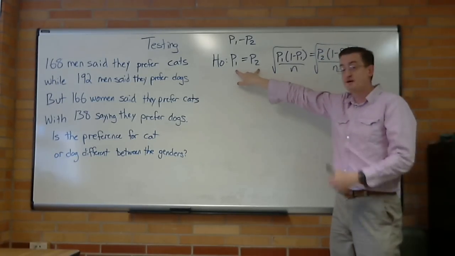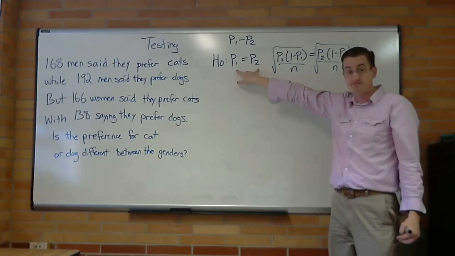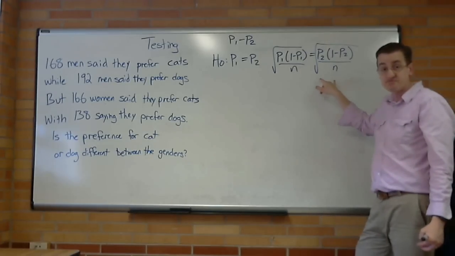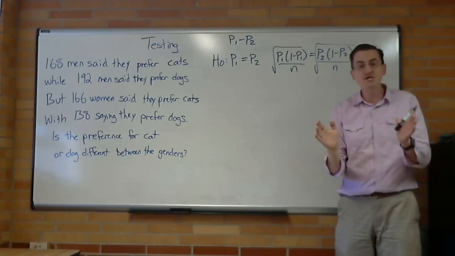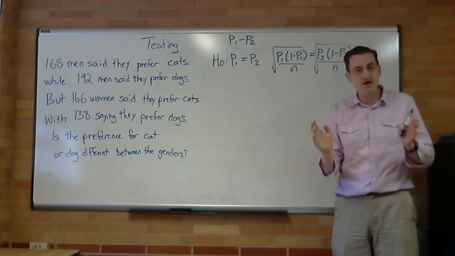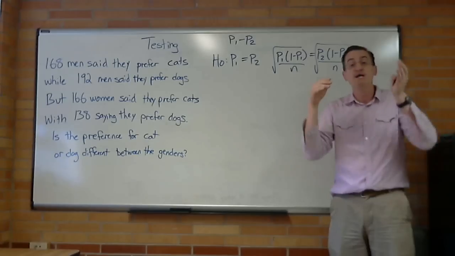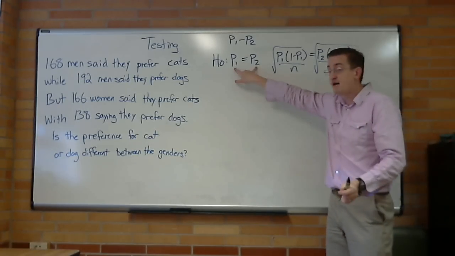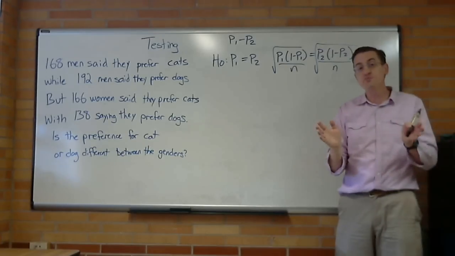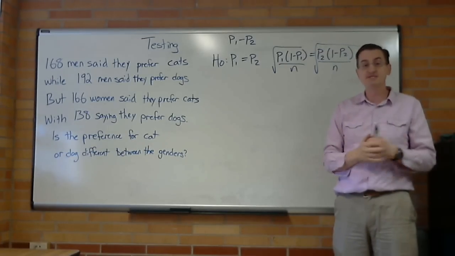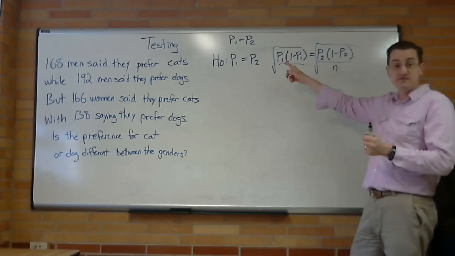So when the null hypothesis says you're supposed to get the same proportion, it's also saying you're supposed to get the same standard deviation. And if we can use that, we can get better answers out of our hypothesis test. Now, the confidence interval did not have this. So we didn't worry about this for a confidence interval, but we are going to worry about it here for the hypothesis test.